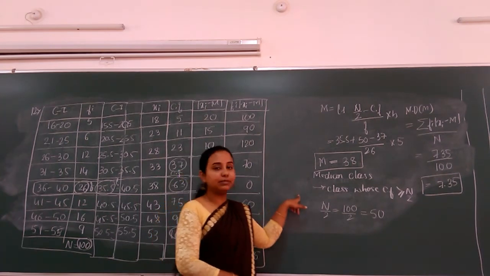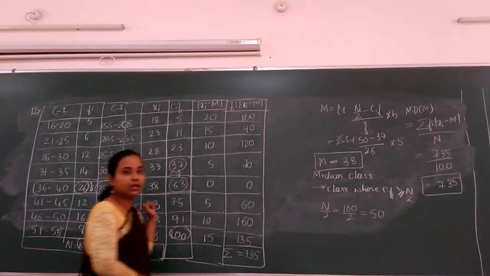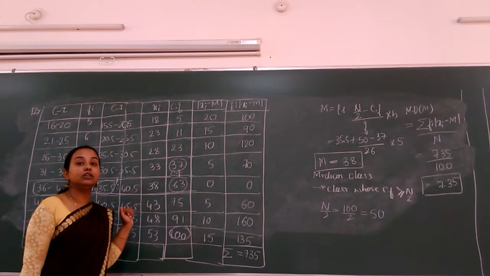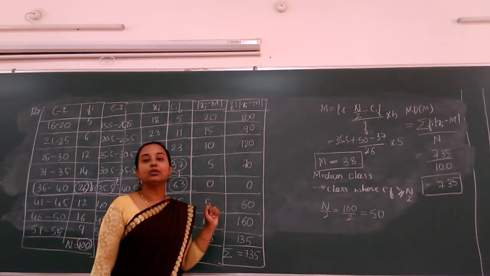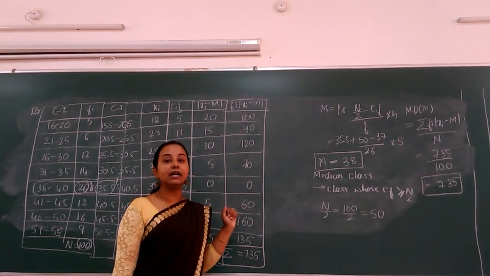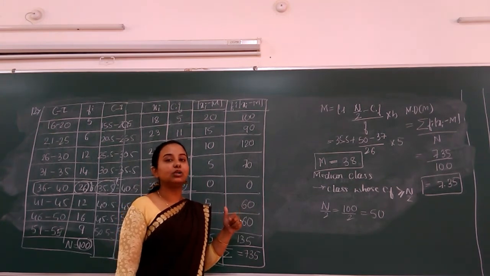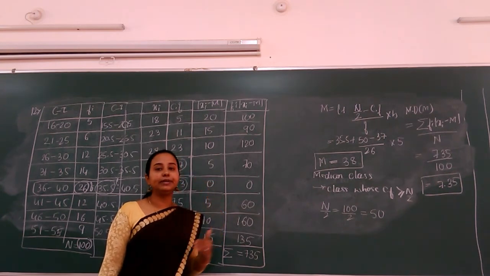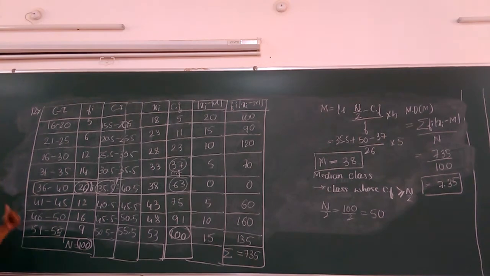Before this, let us learn one new thing here. In all our previous continuous data, the class intervals were like 0 to 10, 10 to 20, 20 to 30, and so on. That is, the upper limit of the first interval equals the lower limit of the second one, so there is continuity. But in question number 12, the class intervals are not continuous.